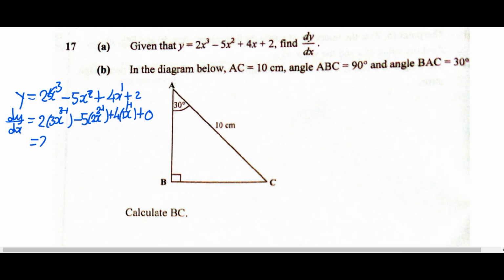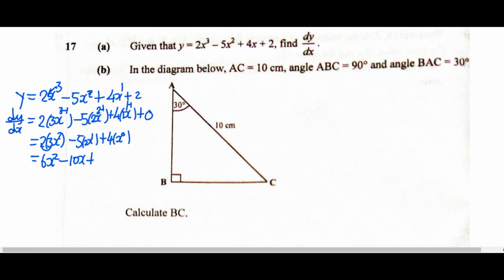Then let's simplify. So if we subtract 1 from 3, it will give us 2; here we have 1 minus 1, so 4x will be x raised to the power 0, then the constant gives just 0. So 2 times 3 will give us 6x squared. 5 times 2, negative 10x.